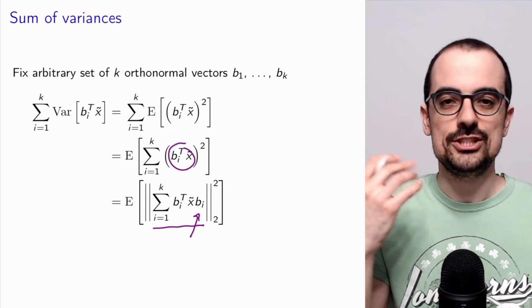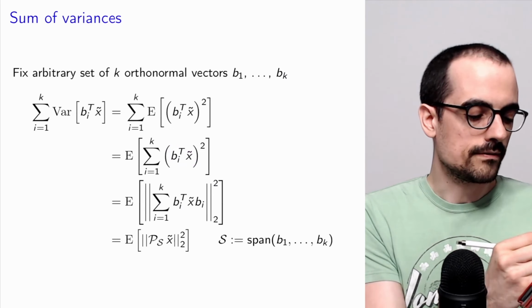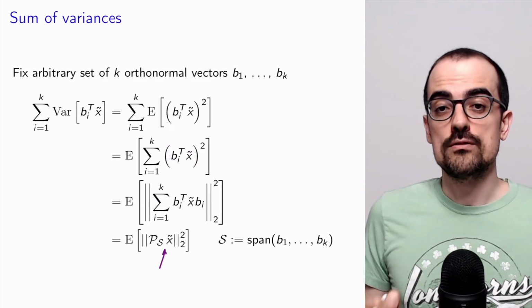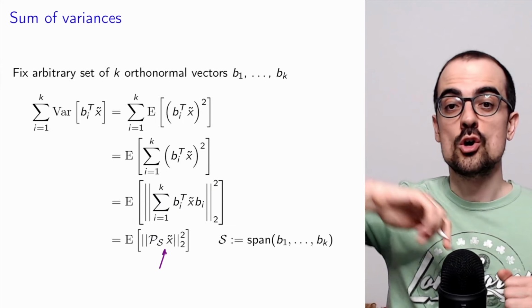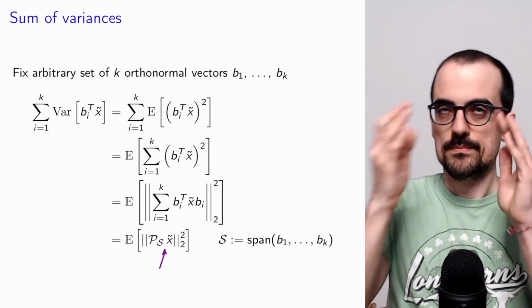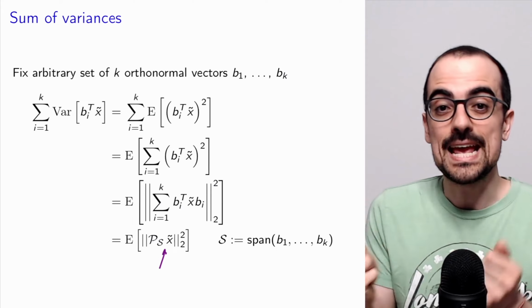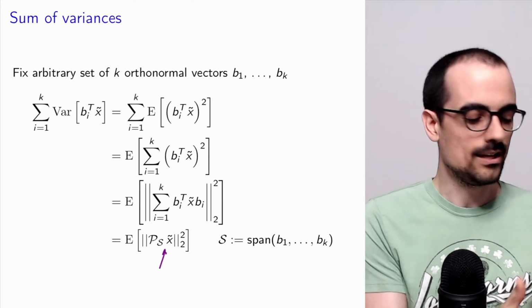Now we can geometrically interpret this as the projection of the original random vector onto the span of b1 to bk. What is the span of b1 to bk? It's the subspace of all linear combinations of the basis vectors b1 to bk. These k basis vectors are orthonormal, so the projection is exactly equal to this.